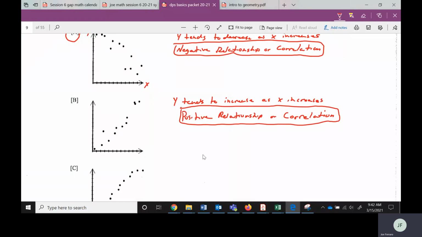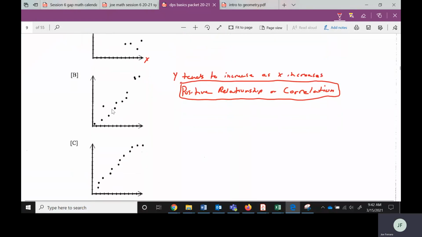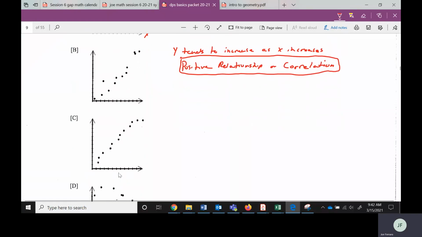Now, the difference between this one and this one, this is also positive correlation because as x goes up, so does y. But the difference is the dots are much closer together here than up here.